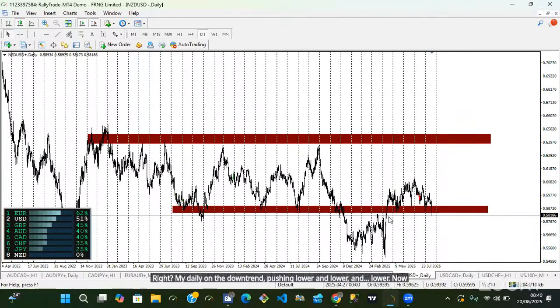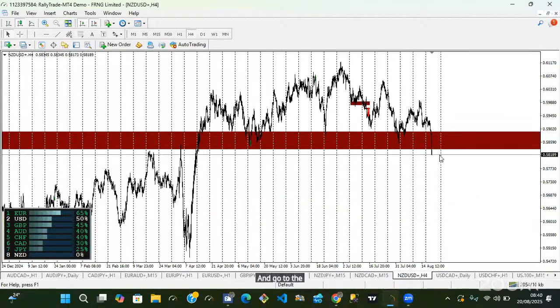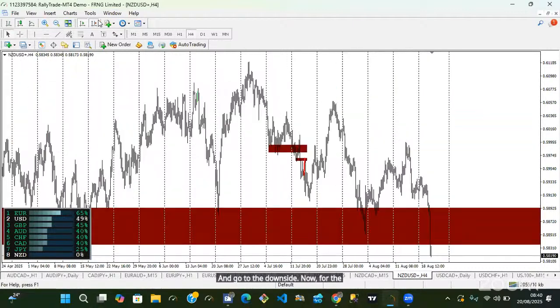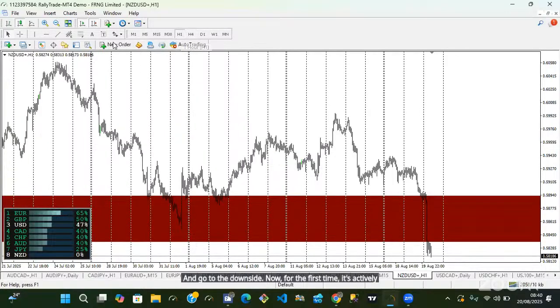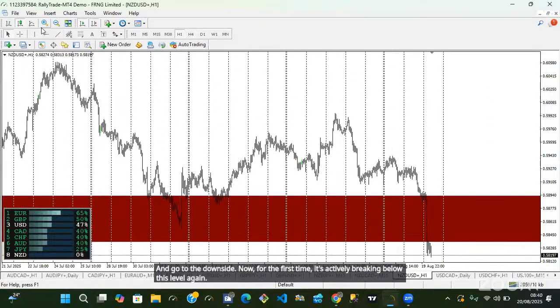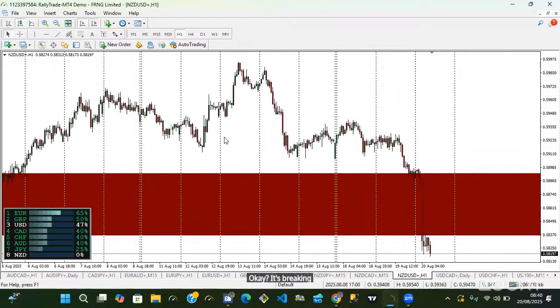Now, it ought to use this level here as a resistance to keep pushing lower, but it broke above, which means we're expecting it to bounce off and still buy. But because it's a downward trend, at some point, you should break this level and go to the downside. Now, for the first time, it's actively breaking below this level again. So NZD USD is going to be a sell trade.